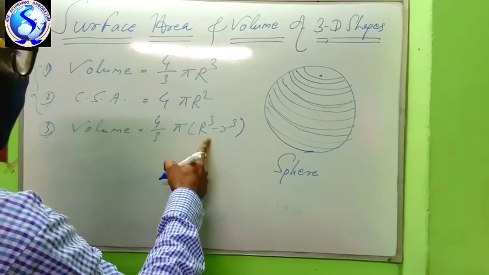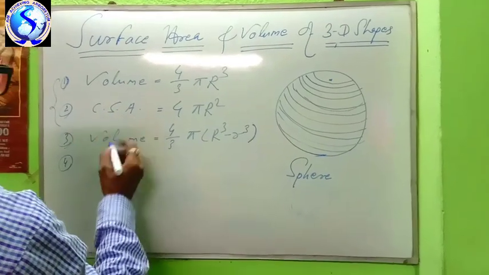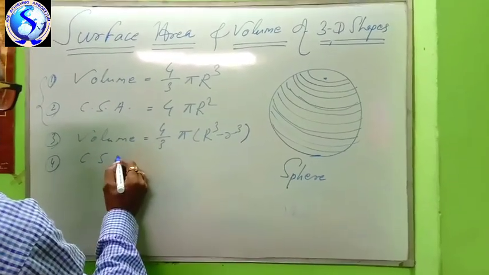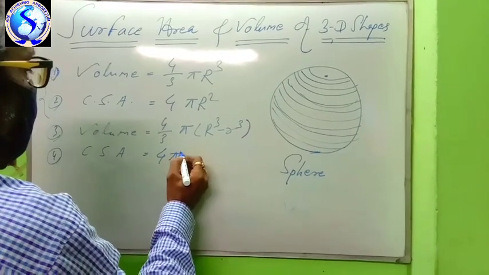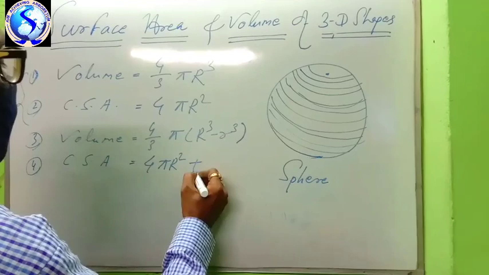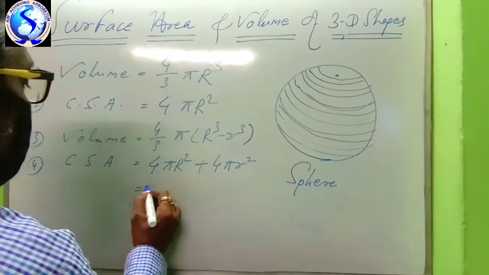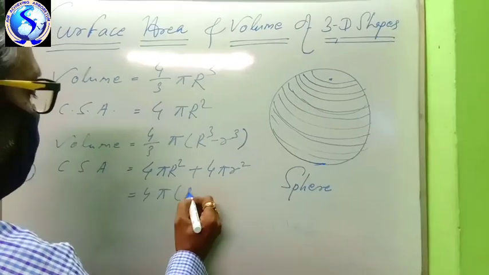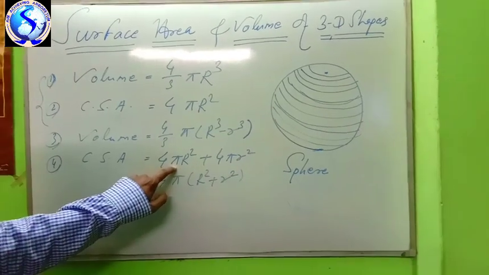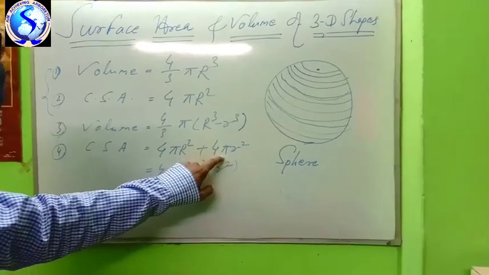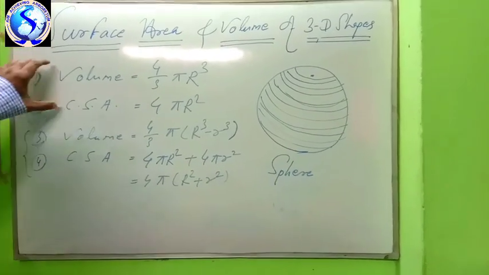And same process, curved surface area: outer surface area is 4 pi R square and inner curved surface area will be 4 pi small r square, so we take 4 pi common, that is R square plus r square. This is the total surface, outer plus inner surface area of a hollow sphere.